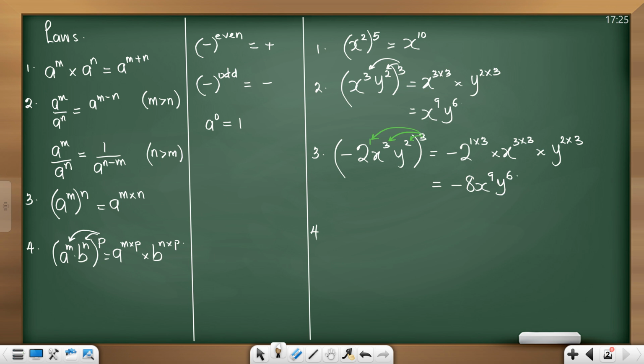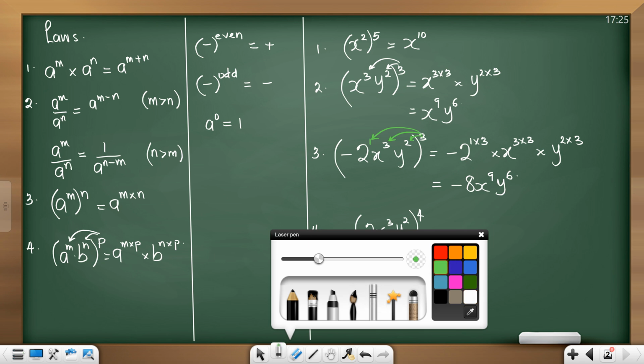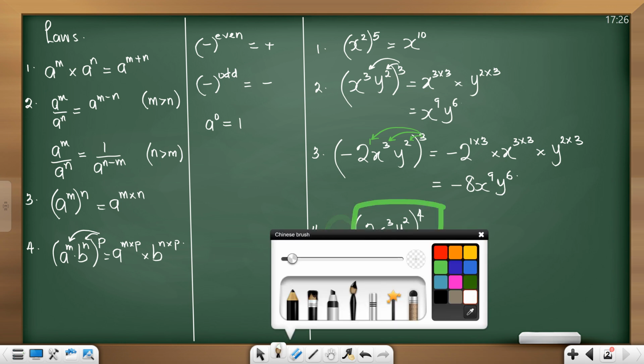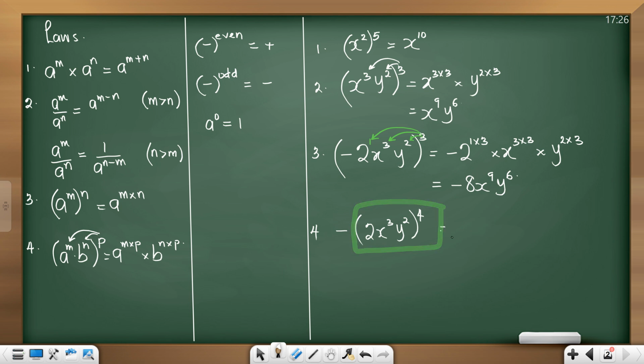Look at number 4. Negative 2x to the power 3, y to the power 2, and I have a 4. Now, in this case, please take note, my negative is outside, so it is not affected by this exponent in any way. So what are we going to have? My negative would remain. Now, what do I have?